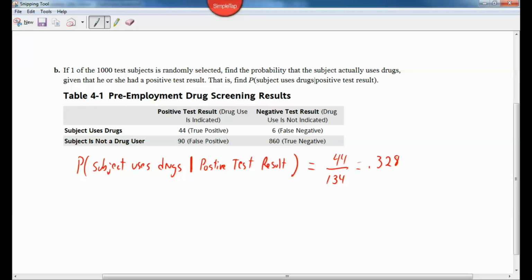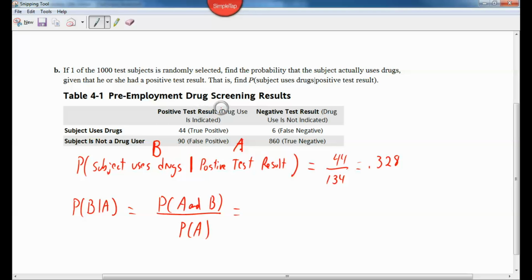All right, so let's see if we can do that, not thinking intuitively, by using the formula. So the formula, the probability of B given A is the probability of A and B divided by the probability of A. So remember, this is B, this is A. What is the probability that the person uses drugs and has a positive test result?